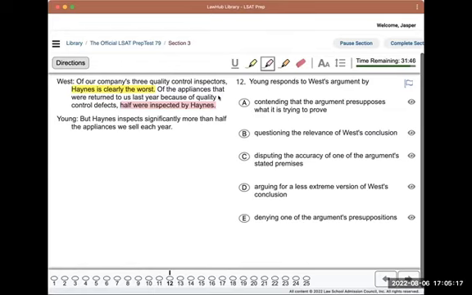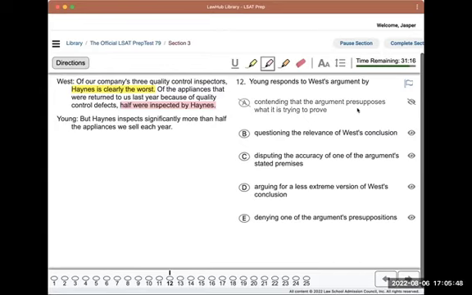Young actually goes deeper than that, right? And rejects an assumption that West is making within his argument, right? So he does make an argument, he does have evidence. It's just that he can't really interpret that evidence correctly without looking at the assumptions that he's made and actually checking the numbers, right?